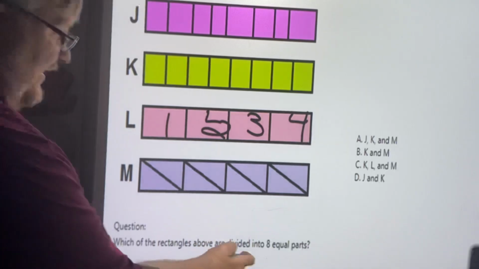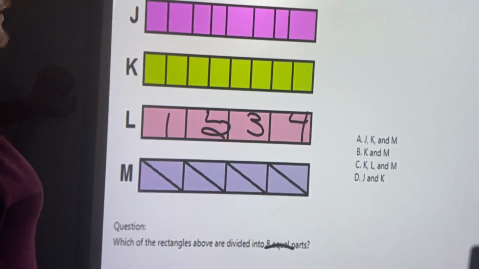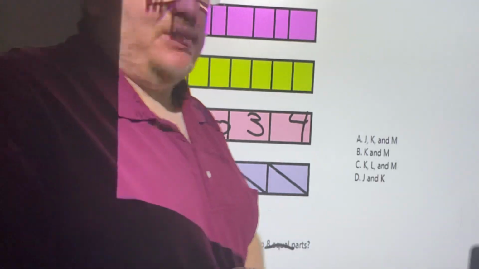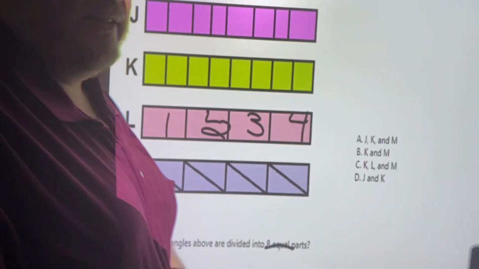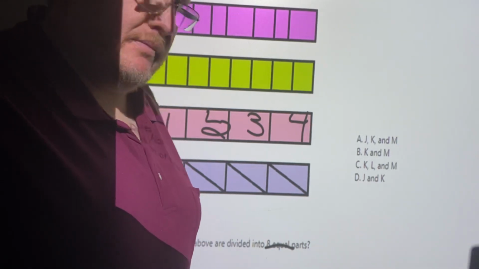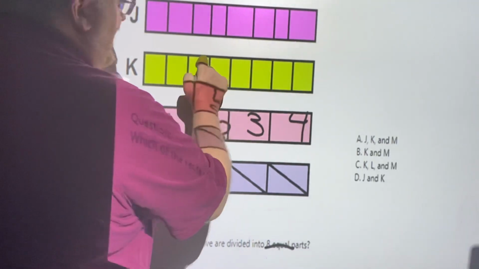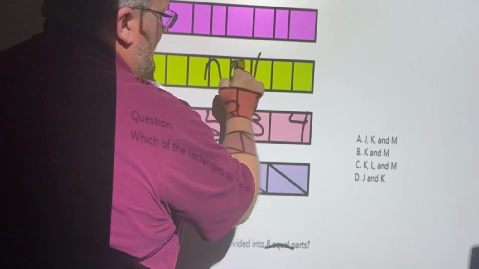And it says 8 in the question. So that's out. Right? What's wrong with J? He says J's wrong. What's wrong with J, Penny? Well, J doesn't have equal parts. Right? They're not equal.